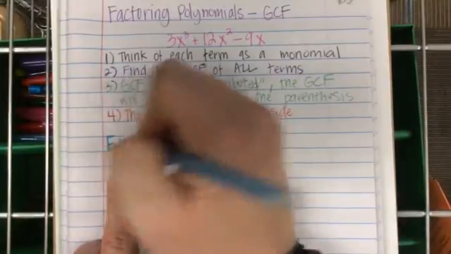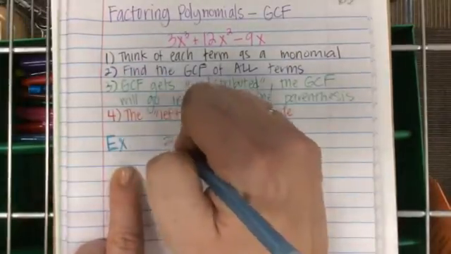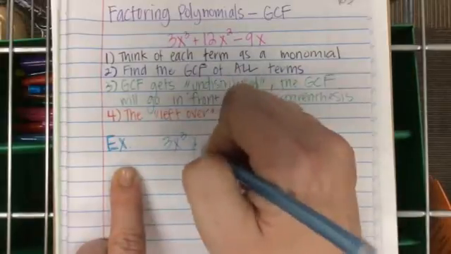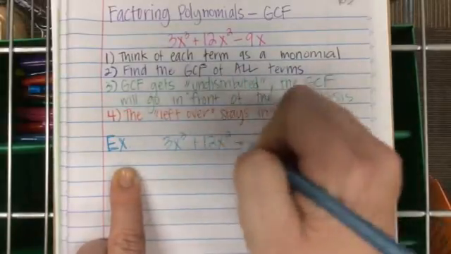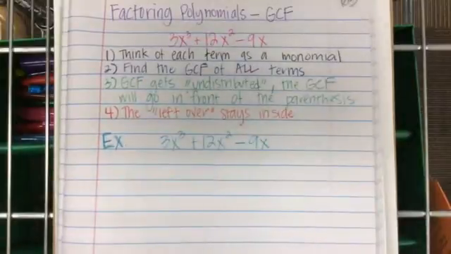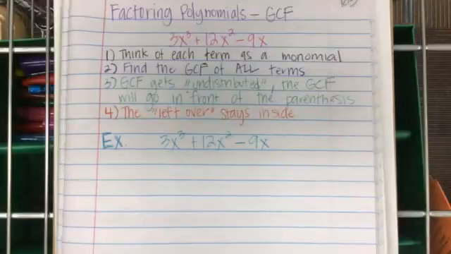So here's an example. Let's do 3x to the third plus 12x squared minus 9x. And as always, I'm going to show way too much work because these are our notes, correct? Okay.